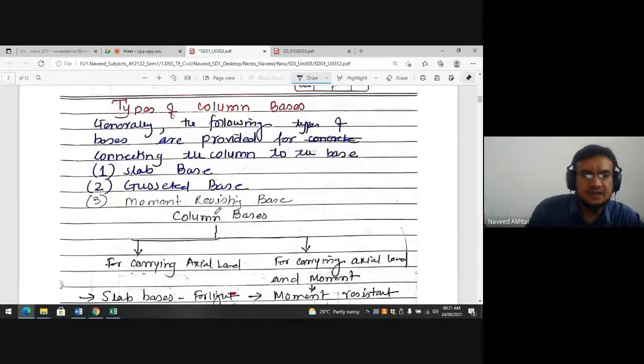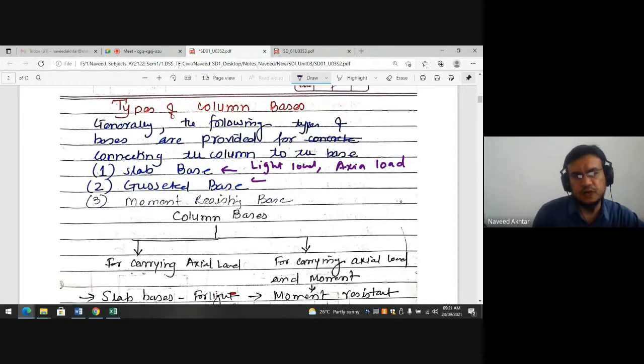Now we'll see the types of column bases. Earlier, in practical sheet number 4, we also saw the different types of column bases. So there are generally the following types of bases provided for connecting the column to the base plate. First one is the slab base. Slab base is for carrying axial load or light load only.